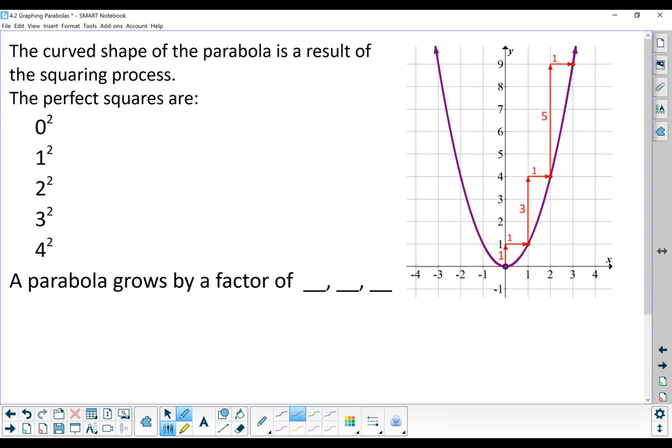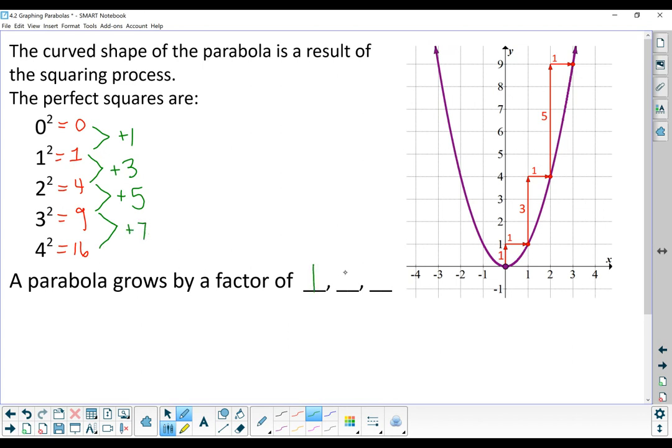So we're going to think about the perfect squares for just a minute. 0 squared is 0, 1 squared is 1, and we kind of went through these before. 3 squared is 9, 4 squared is 16. And so if we think about how perfect squares grow, first they grow by 1, then they grow by 3, then they grow by 5, and then they grow by 7.